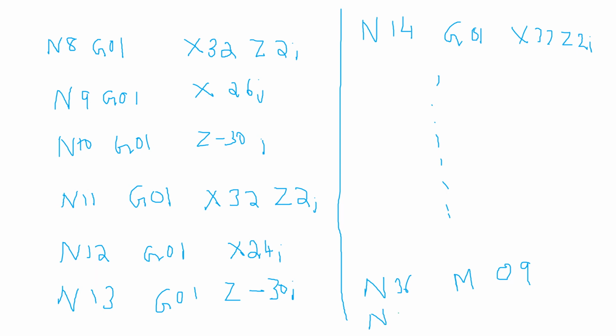Then N37, stop the spindle, M05. First you need to stop the coolant, then you stop the spindle, and finally N38, end the program, M30. So by this you have completed the process of this operation in the lathe.